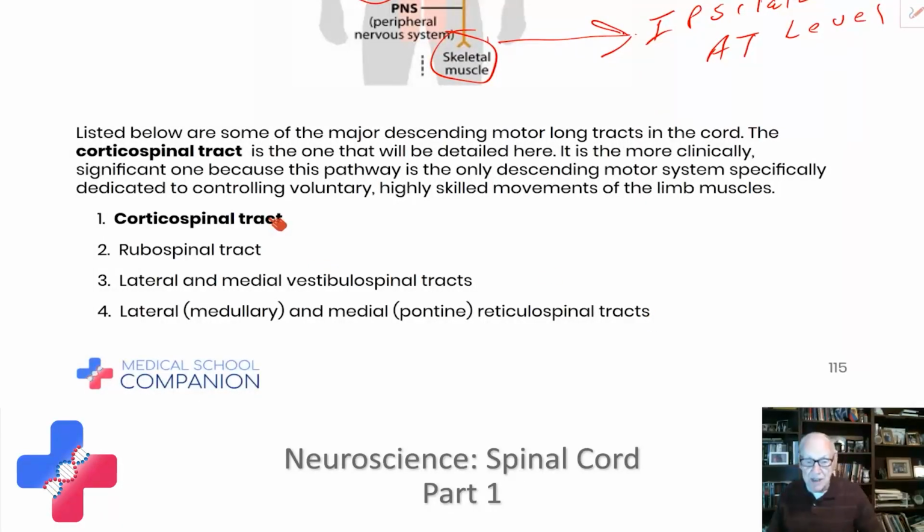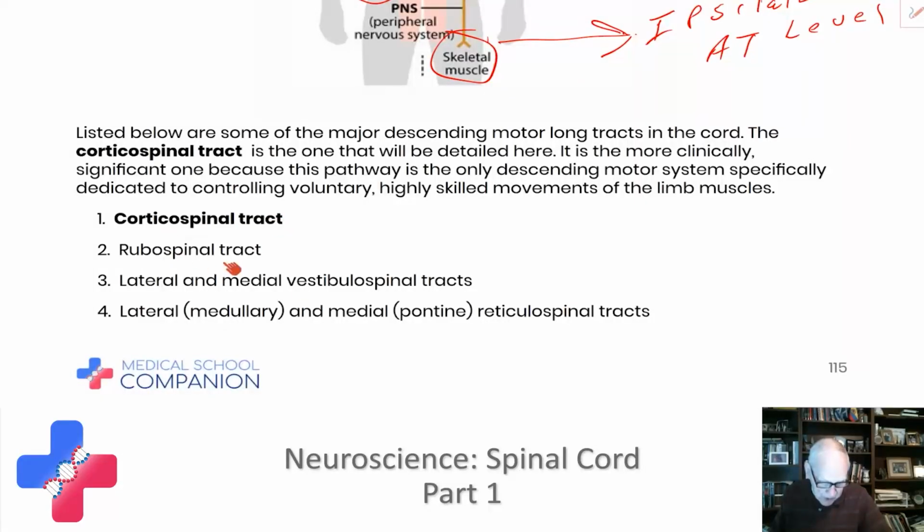And why? That's the only descending motor system that moves your distal limbs. And of course, the corticospinal tract into the forearm and the hands and all the magic movement that your hands can provide are going to be part of this system. And the others are dealing with either reflex innervation of skeletal muscle or with trunk innervation, because we have a different motor system for our trunk musculature as well. So again, corticospinal is our main one.